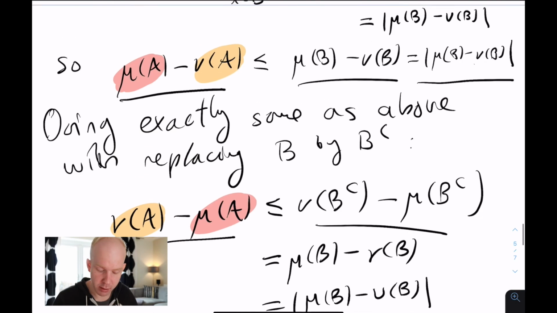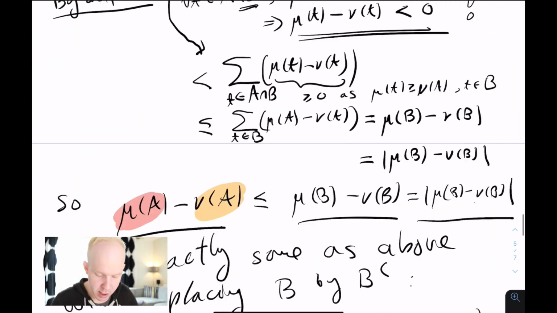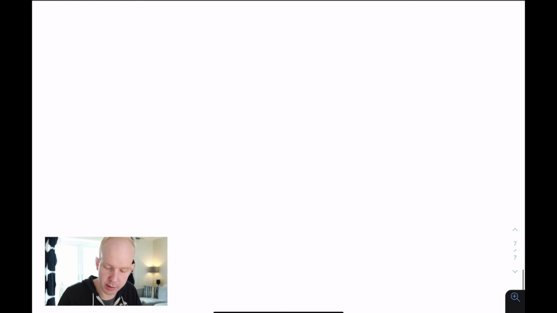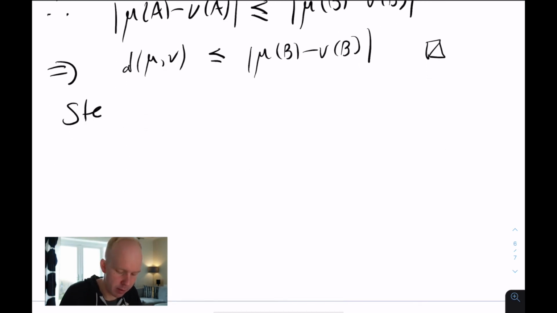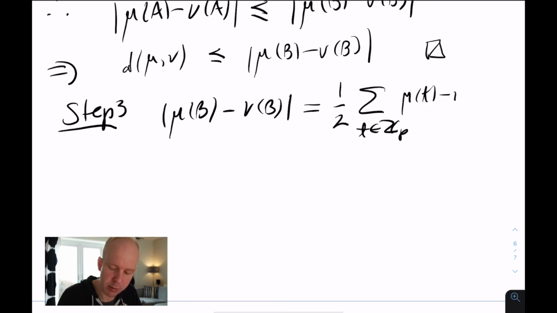And okay, so we have now done the proof of this step 2, and now let me complete the theorem. So how would you then prove this? There are two steps that I maybe want to prove. Step 3 is to prove that this mu B minus nu B is equal to half of the sum over t of mu t minus nu t, absolute value of this.